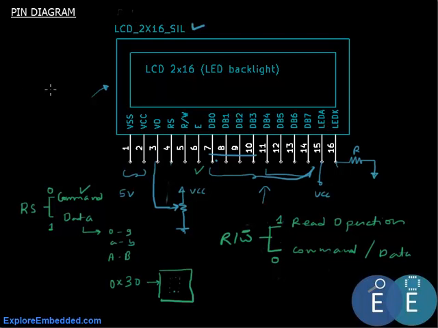We should have the data ready on the data lines, and then we should also have selected the register select and the read write, and then if we send a pulse on the enable line, the data gets latched. So it's kind of a gate or the control for the entire LCD, and this is particularly useful for synchronizing the timing between the microcontroller and the LCD module.